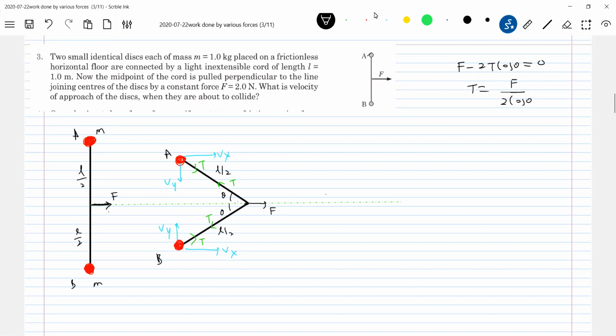So the disks will be in this position, the string almost horizontal, making a very small angle, and theta is almost 0 in our sense. Now they're about to collide, and he's asking for the relative speed between them.